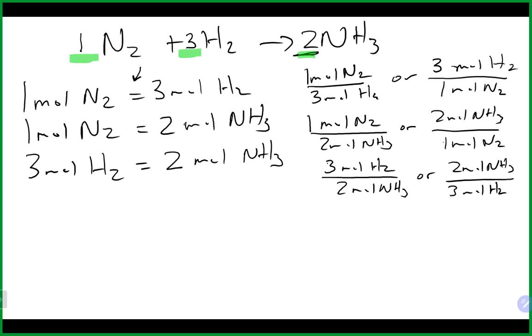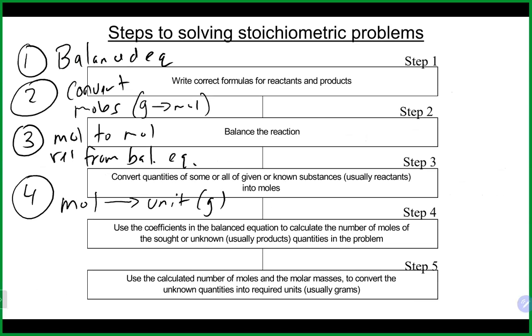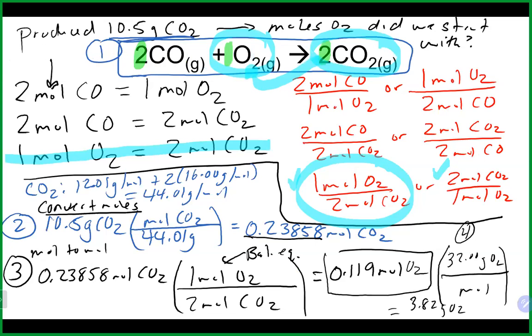Question on that? So if we look back at the one we just did, we see that there are 2 moles of CO, and that's the coefficient, gives us 2 moles of CO2, which is the coefficient over here.